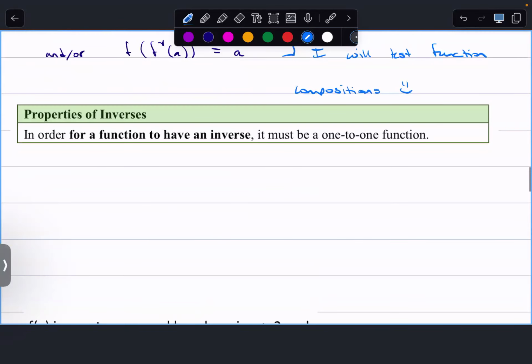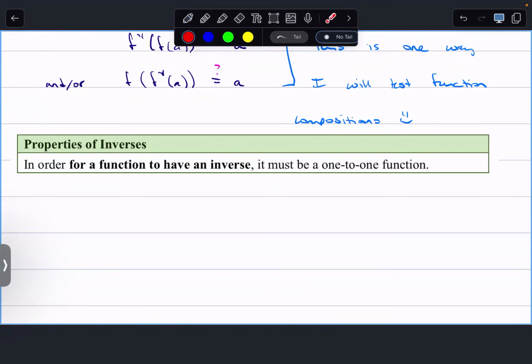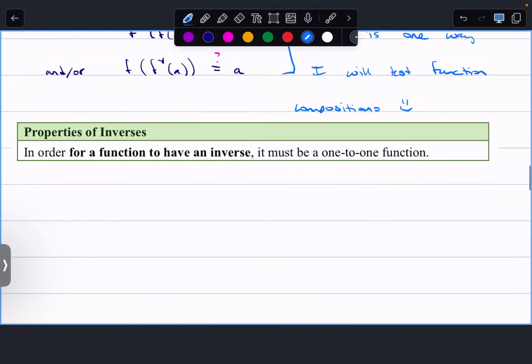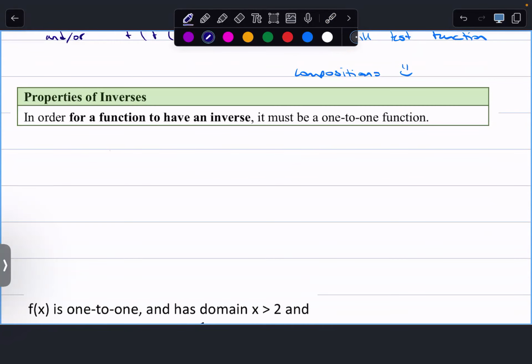Okay. We already talked about one-to-one functions. Okay, so in order for a function to have an inverse, we said, okay, it has to be a one-to-one function. Okay, and so what does that look like? I have a graph like this.